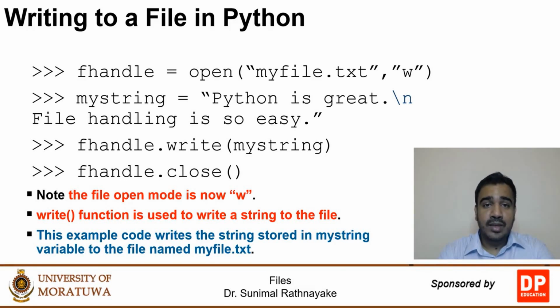In the example given, we have a string called myString, which contains the two lines, Python is great and file handling is so easy. You may note that to separate the two lines, we have used the newline character \n after the full stop of the first line. As usual, we close the file after writing.